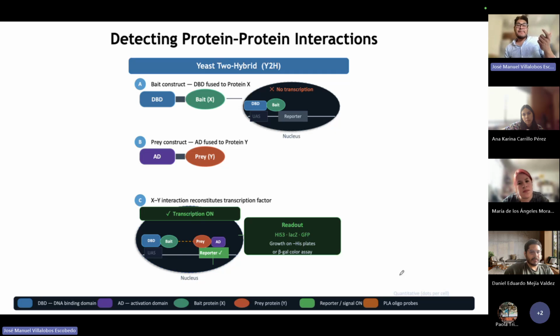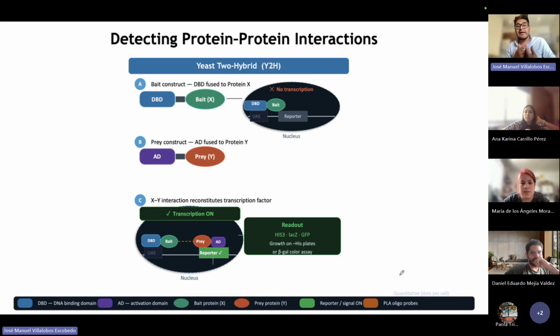The problem is, for example, imagine that I have a protein that I know nothing about, and I have another protein that I know something about. But when I start expressing one protein, I am not able to get the phenotype, so maybe they need to interact with another protein.